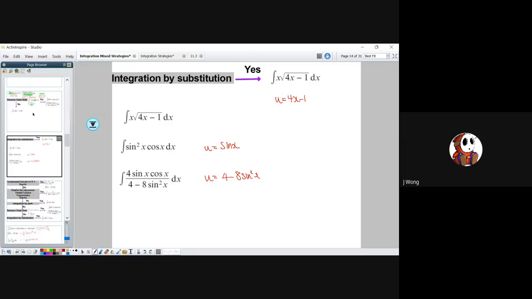And you don't need to worry, there won't be questions where you could only solve by reverse chain rule, but not integration by substitution. Let me repeat that again. So there won't be any integrals where you could only solve with reverse chain rule, but not integration by substitution.